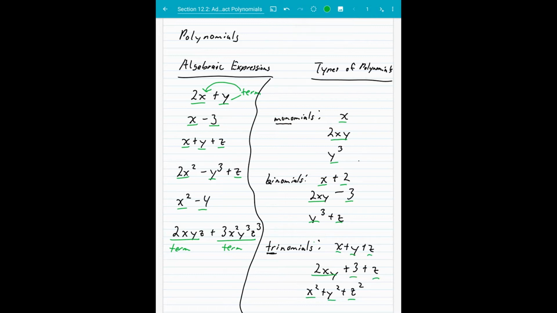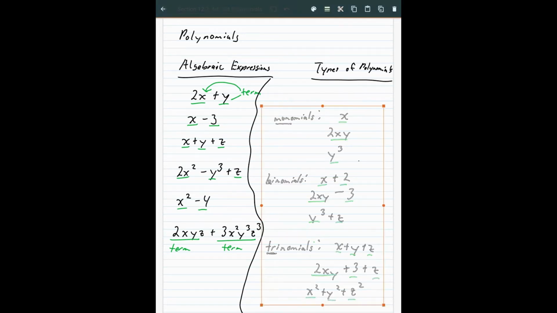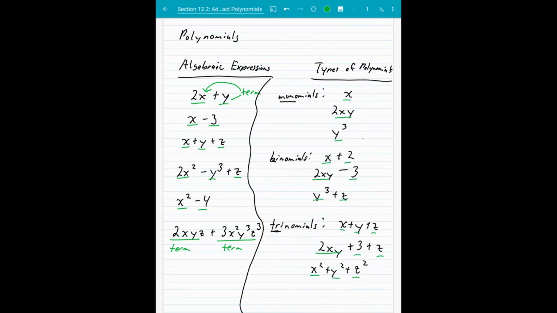So let's scoot all this up really quick, make room for it. If it's got more than three terms, we just call it a polynomial. So polynomials could be x plus y plus z plus a. Could even be 2x minus 3y plus 4z squared plus 5.